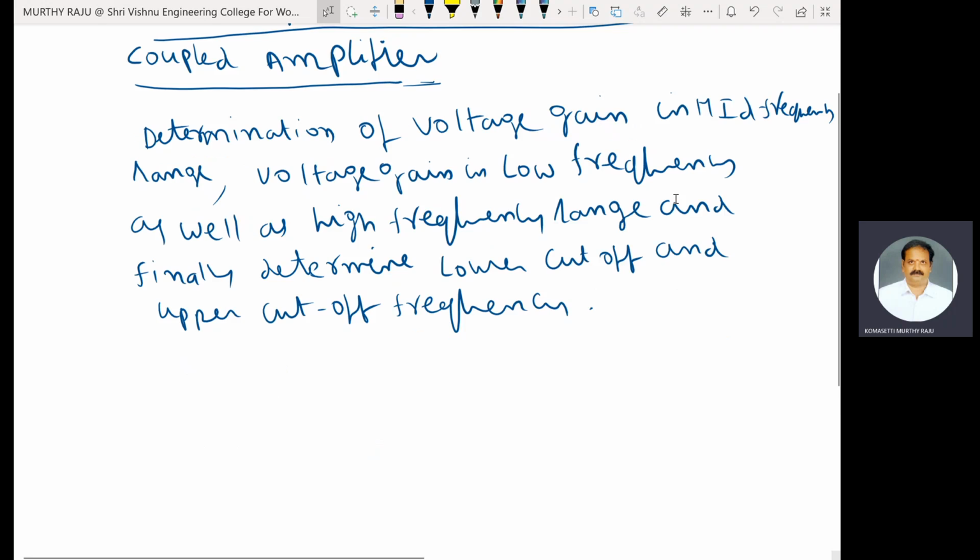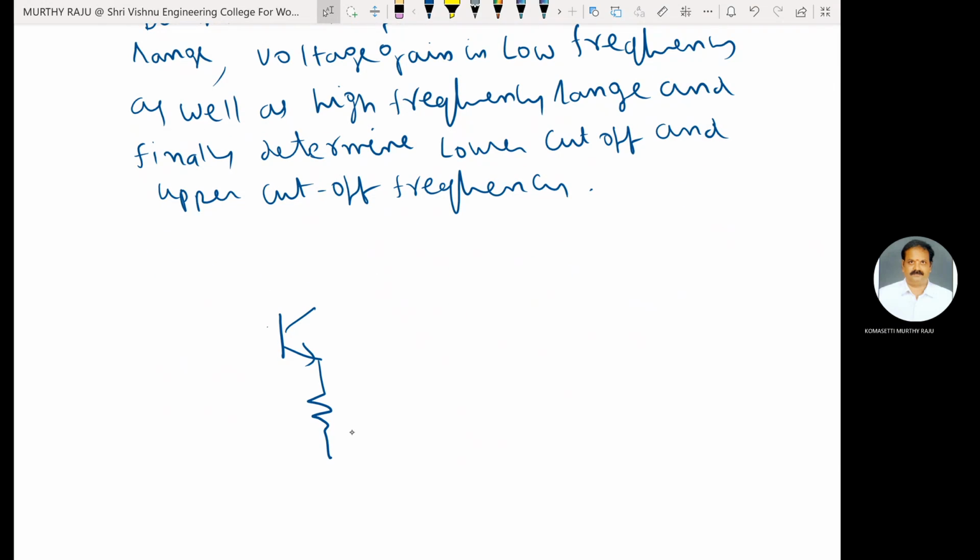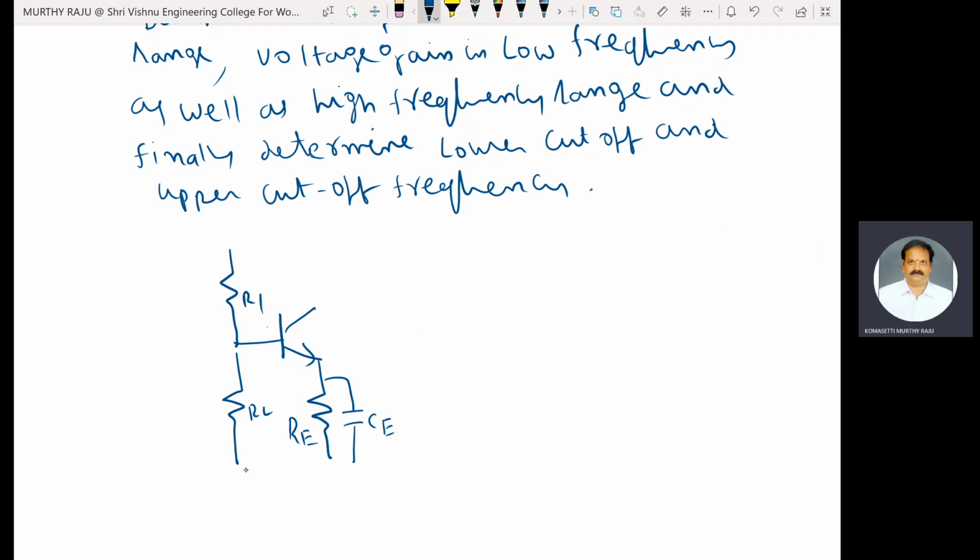First of all, we have to draw the two-stage RC coupled amplifier. This one is a transistor, stage 1, with RE, CE, R1, R2, RC.